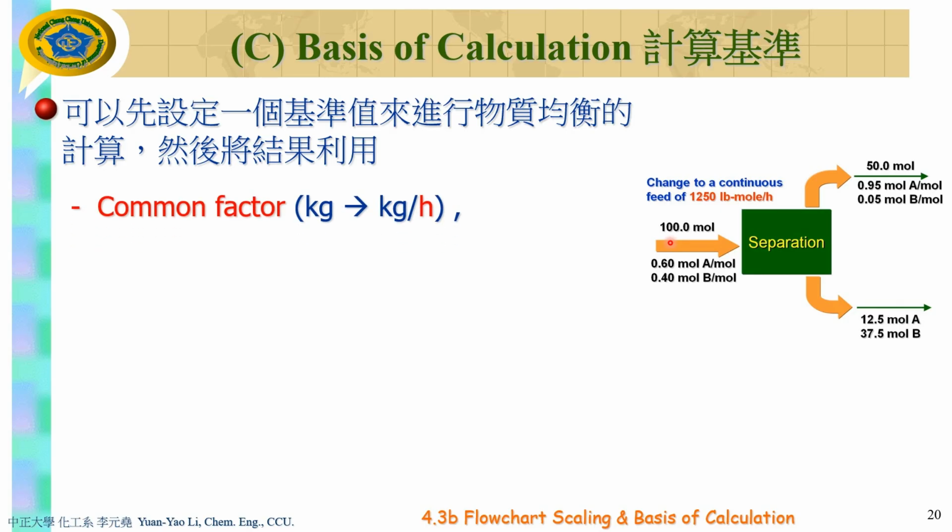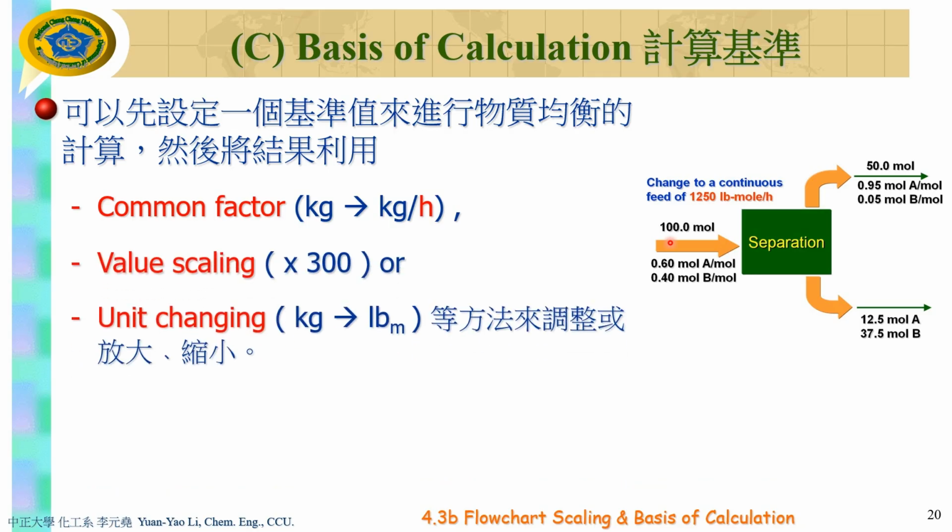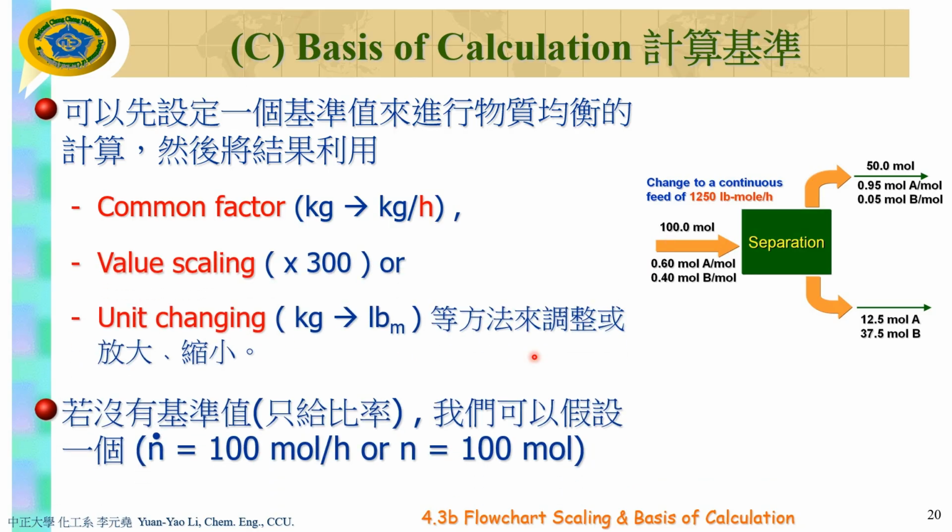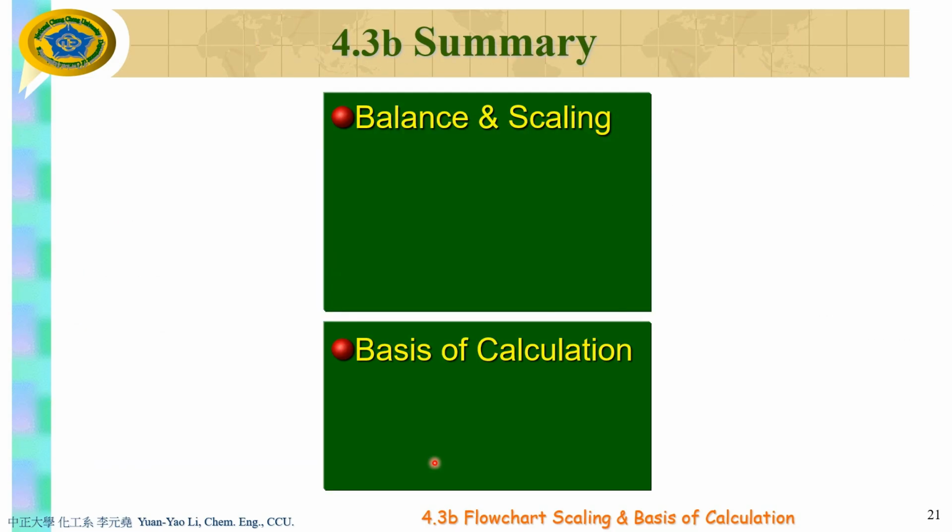You might not understand what I'm talking about, but I'm going to give you some examples so it will help you understand what I'm trying to say. So if there's no basis, only ratios here, you need to give a basis. And after that, you can scale up, scale down, or change the unit. Let me give you some exercises later.